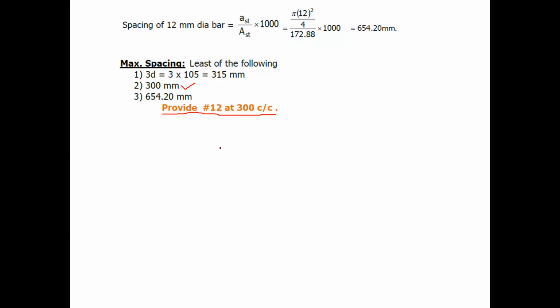Finished, sir. Okay. So next, take down at interior supports C and D. So you have to see the figure for interior support at C and D. You have Mu value as 5.61. You can just check it out.